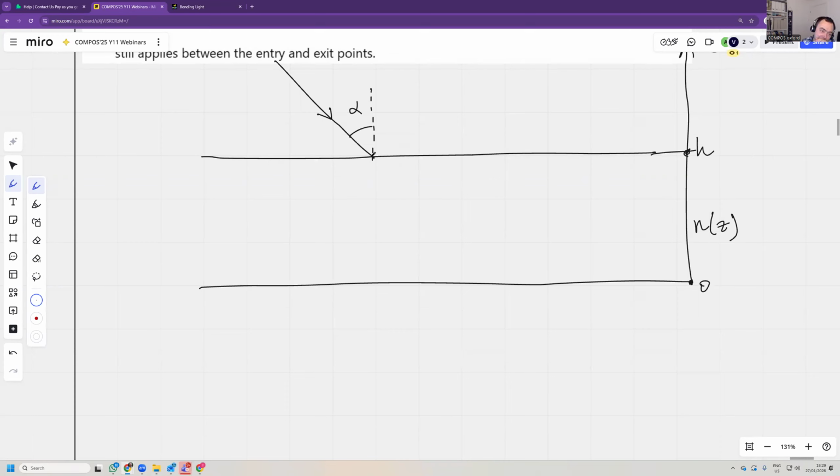So it might as well just go like this, and then it will emerge at a different angle, beta.